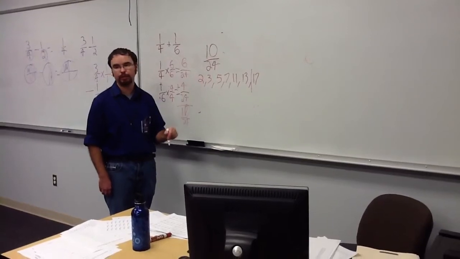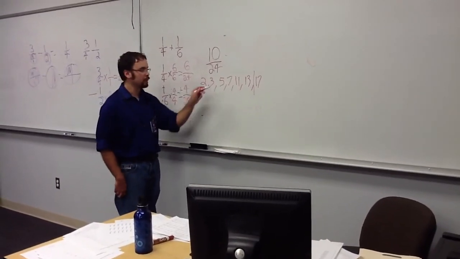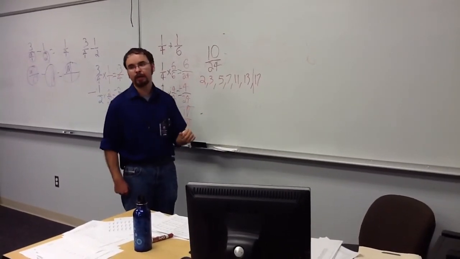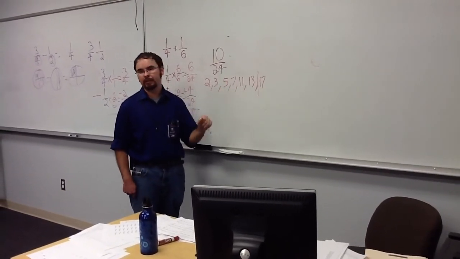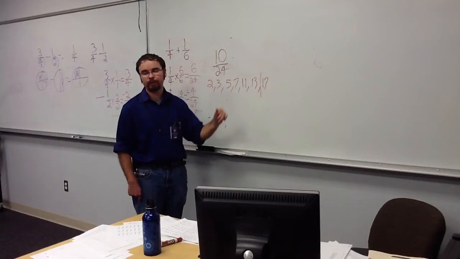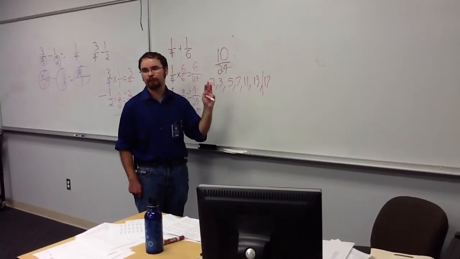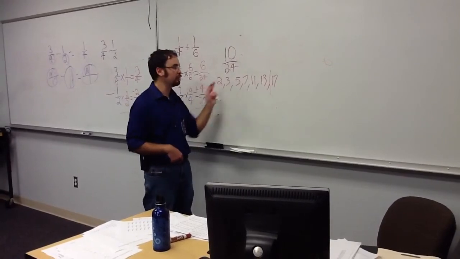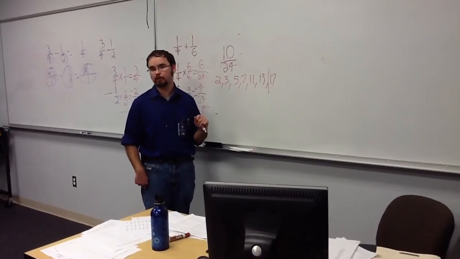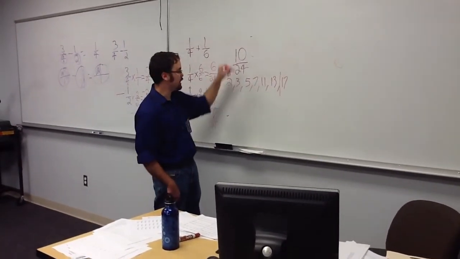But nothing else makes them, right? 9 can be made by 9 times 1 and 3 times 3. 15 can be made by 3 times 5 and 15 times 1. So they have other parts to them. These numbers don't have other parts. So we can check these.